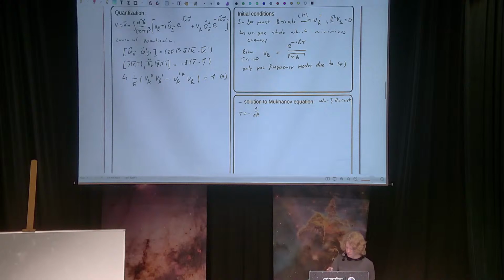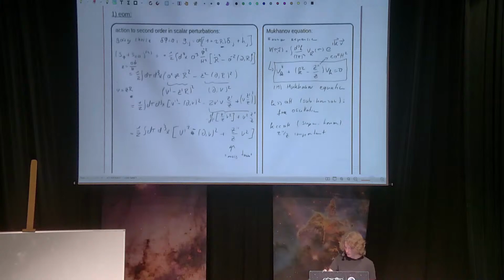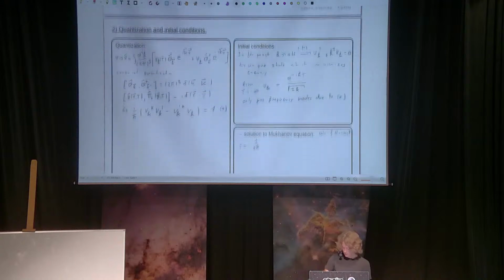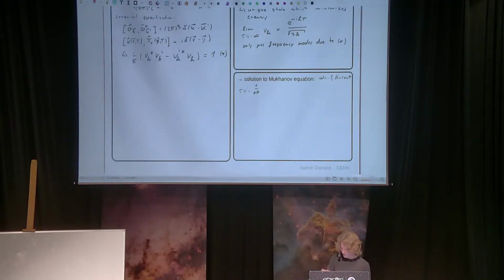Actually, I already told you the answer up here, right? This gives 2a squared H squared, which is the same as 2 over tau squared. So we get v_k double prime plus k squared minus 2 over tau squared times v_k is 0.